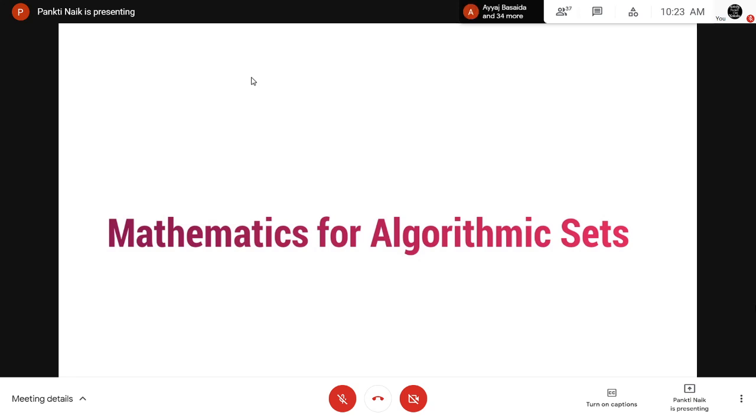If these factors are not satisfactory, then you have to redesign the algorithm. So this is about the analysis of algorithm.